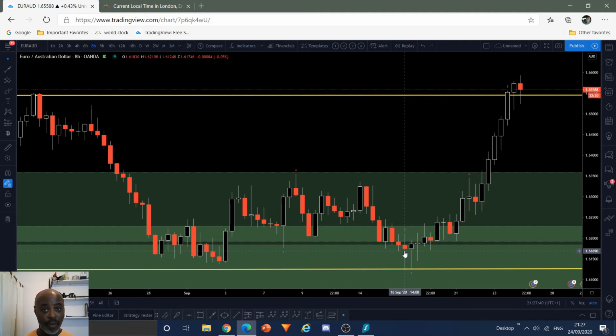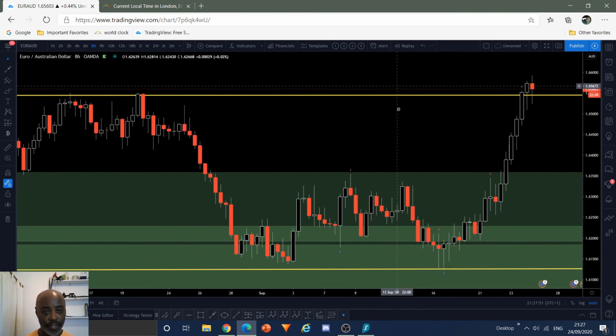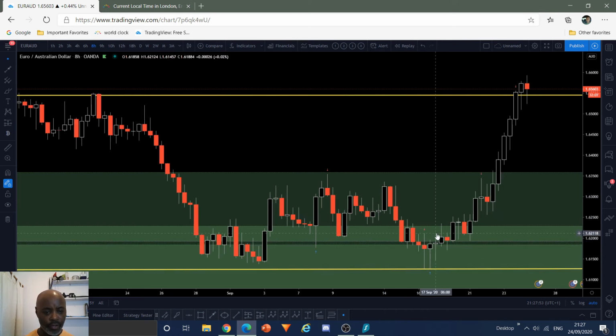Why? Because I was still bullish this pair, still bullish the euro dollar. But not only that, price had moved down now to a level of support, okay, the lower end of this channel. So what I did was I waited for this bar to close.